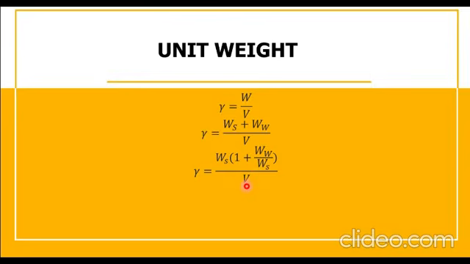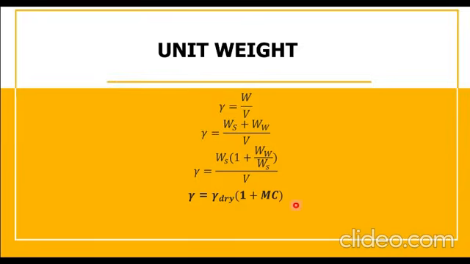Meaning, weight of soil solids over V, it is dry. So therefore, we get the relationship that unit weight of soil, or the moist unit weight of soil, or in situ unit weight of soil, or bulk unit weight of soil, or also field unit weight of soil is equal to dry unit weight, because this is dry, soil solids only, multiplied by 1 plus WW over WS, which is equal to the moisture content.